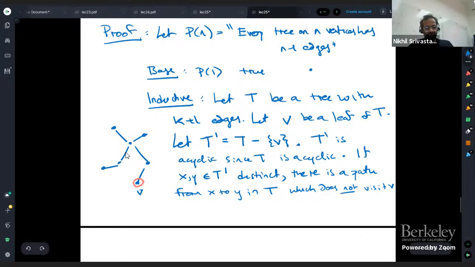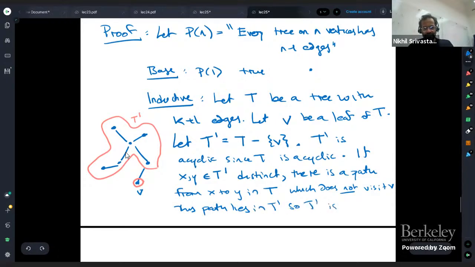Right, so T prime here is everything else. I mean, this is again kind of intuitively clear, but writing it formally is a little bit annoying. So this path lies in T prime. So T prime is connected.